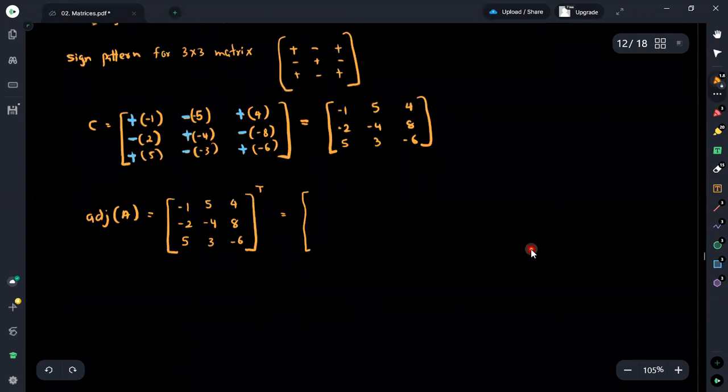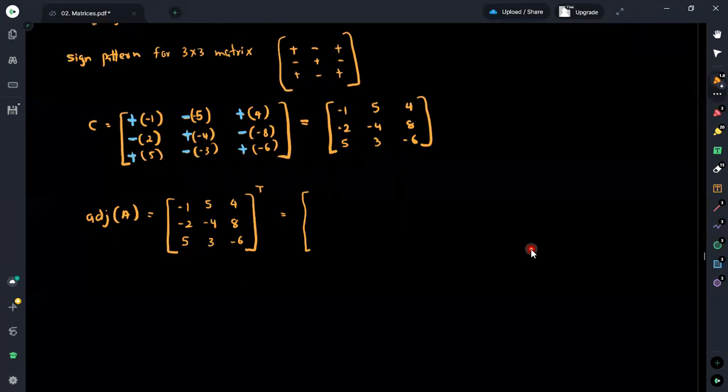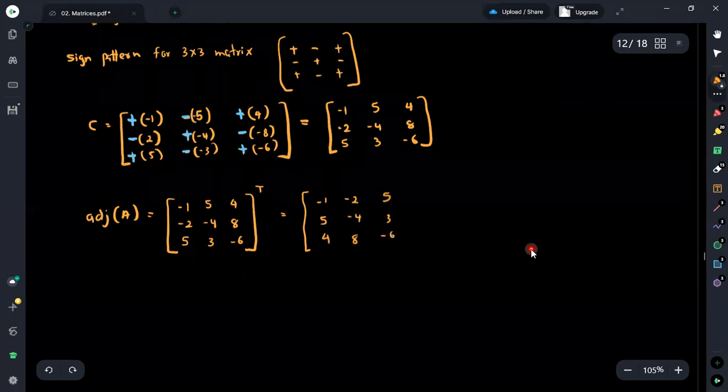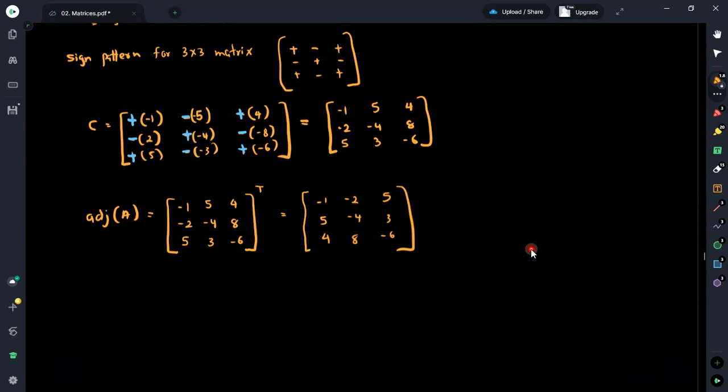Then once I take the transpose of this matrix, it will be equal to -1. The first row becomes first column: -1, 5 and 4. This is -2, -4 and 8. Here it is 5, 3 and -6. Therefore, this is the matrix we are getting as the adjoint of the matrix.